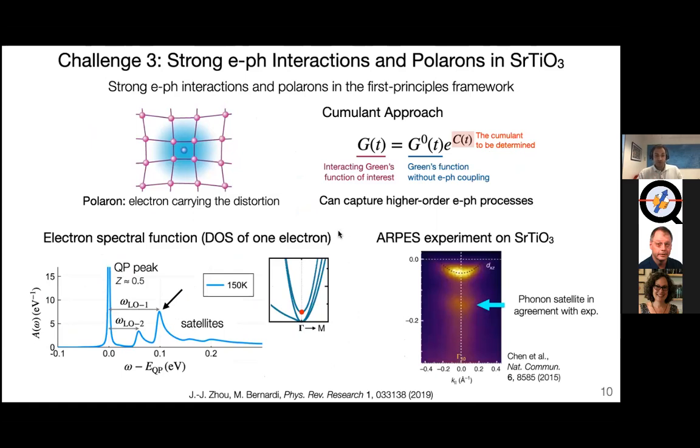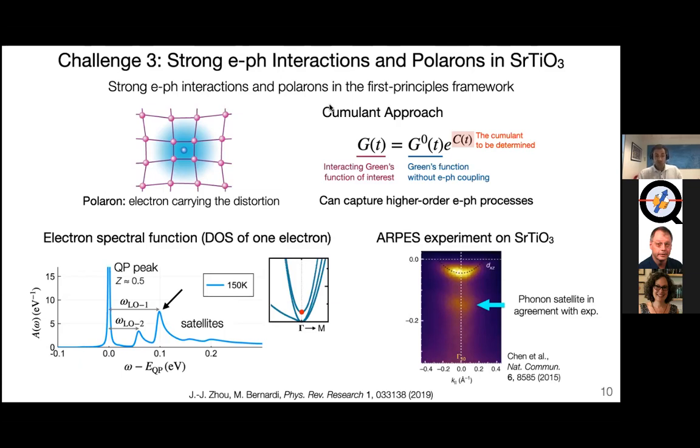In particular, in the presence of strong coupling between the electrons and the lattice, the carriers form polarons, which are electrons strongly coupled with the lattice, that as they move, they carry the lattice distortion with them. So the challenge now is how do you include these strong electron-phonon interactions and polaron effects in the first principles framework?